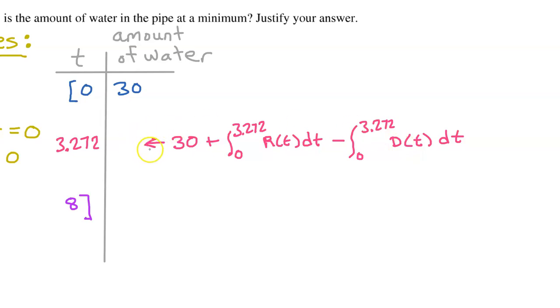So again, the amount of water in the pipe at time 3.272 will be the initial amount of water in the pipe plus the amount of water that came in minus the amount of water that went out.